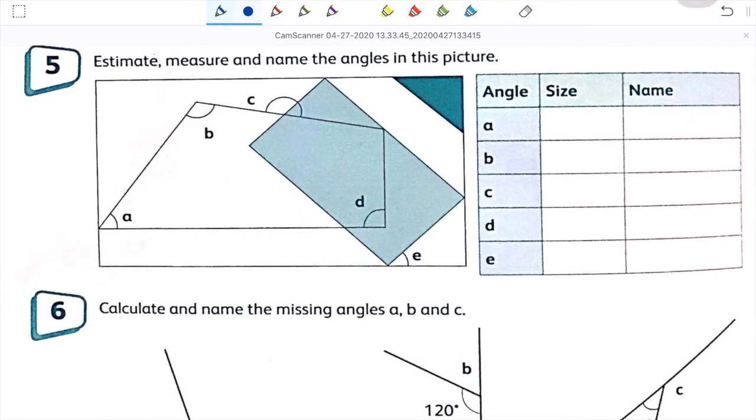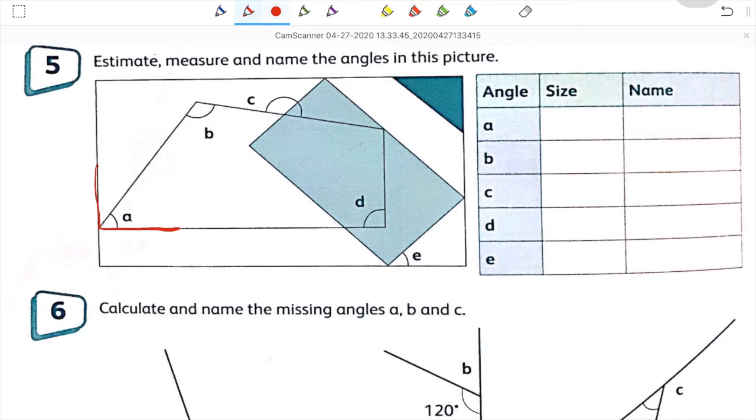Question number 5. Estimate, measure, and name the angles in this picture. All right. Starting with angle A, I could see that if it were a right angle, which means this one, it would look something like this, while you can see that it's way less than a right angle.